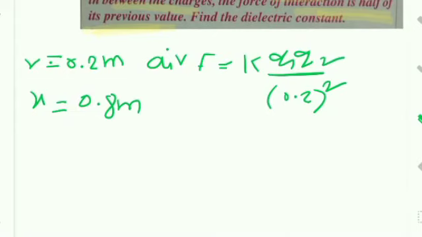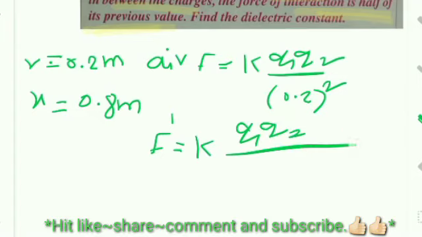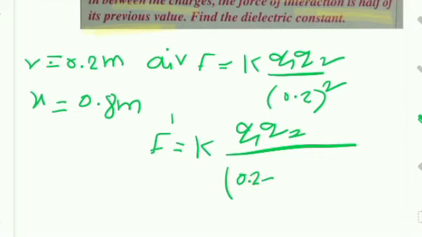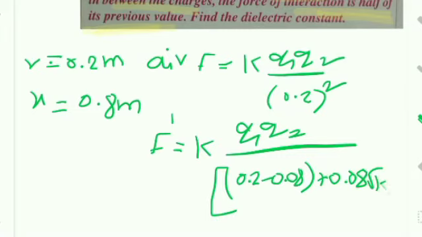In a slab, we take F dash is equal to K into Q1 Q2 by (0.2 minus 0.08 plus 0.08 under root K) whole square. This is a very known formula.